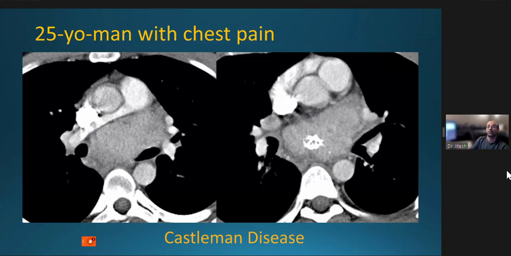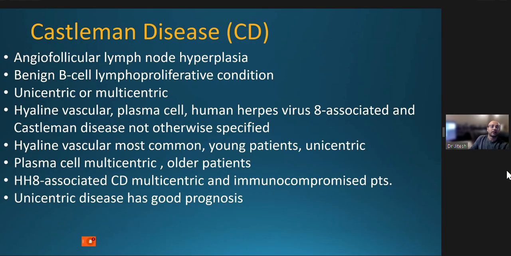So this is an example of Castleman disease, which is basically angiofollicular lymph node hyperplasia, a benign B-cell lymphoproliferative condition. Traditionally, it was classified as unicentric or multicentric, but more recent classification divides this disease into 4 categories: hypervascular, plasma cell, human herpesvirus 8 associated disease, and Castleman disease not otherwise specified.